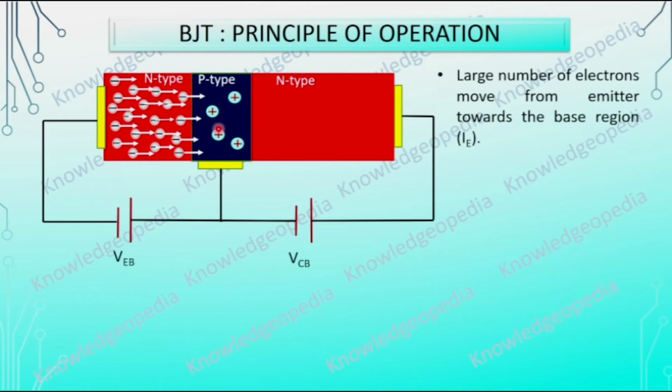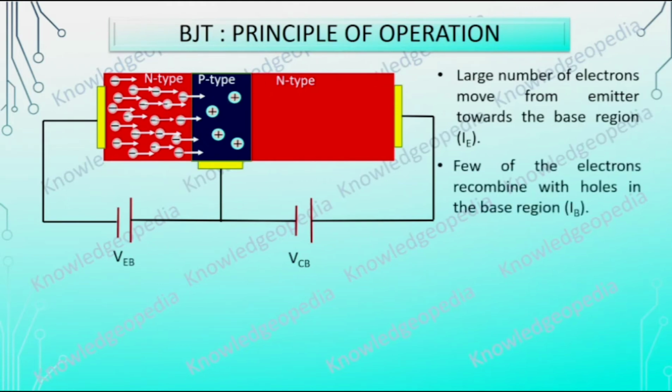That means the number of holes over here is very less as compared to the number of electrons entering from the emitter to the base region. If these holes are very few, that means a few of the electrons coming from the emitter will recombine with these holes. Thus, a few of the electrons recombine with the holes in the base region.